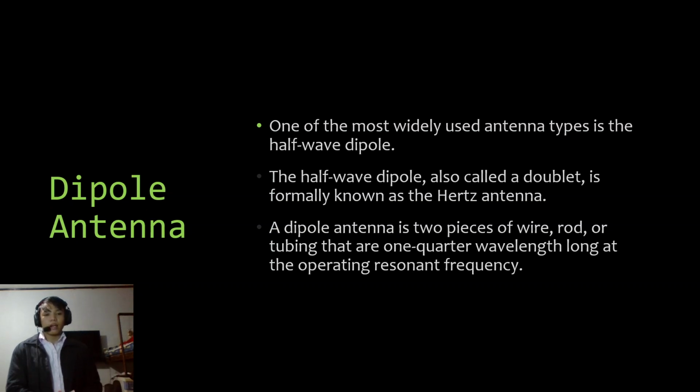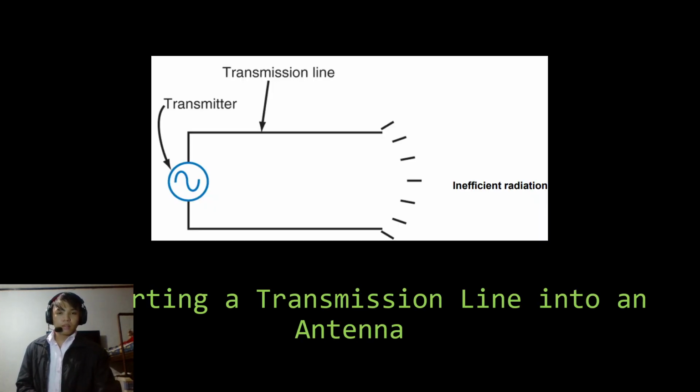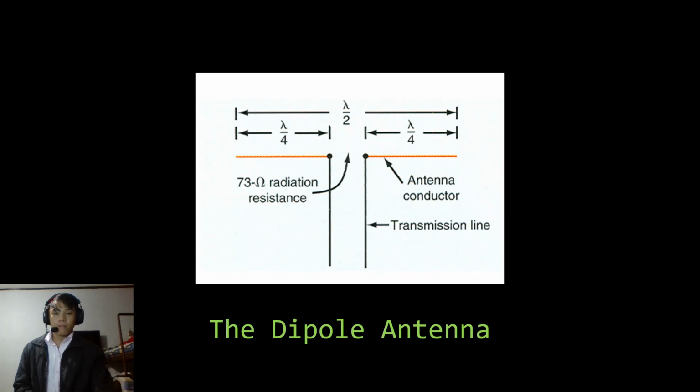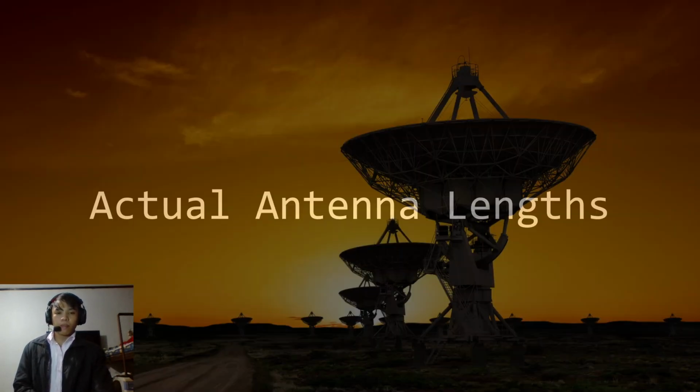A dipole antenna is two pieces of wire, rod, or tubing that are 1/4 wavelength long at the operating resonant frequency. So this is converting a transmission line into an antenna. And this is the illustration of a dipole antenna.